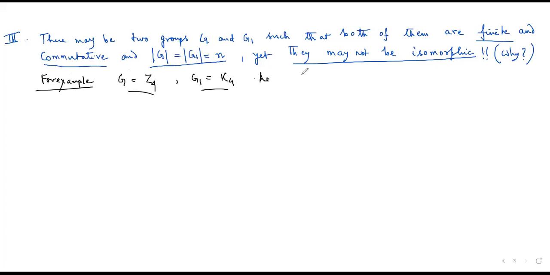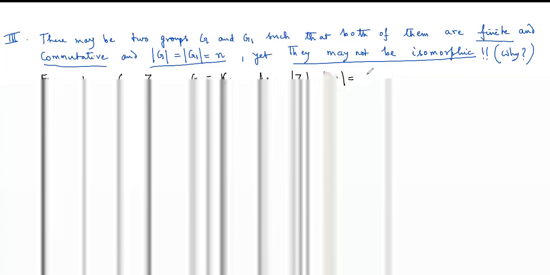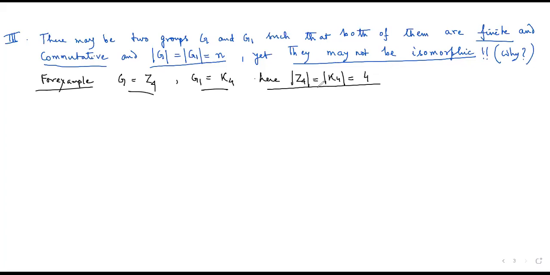The order of Z4 is 4. The order of Klein 4 is 4. Both the groups are abelian also. For Klein 4, I constructed the Cayley table for the group and showed you that the group is abelian, if you can recall. But yet we will not be able to form any isomorphism between the two.